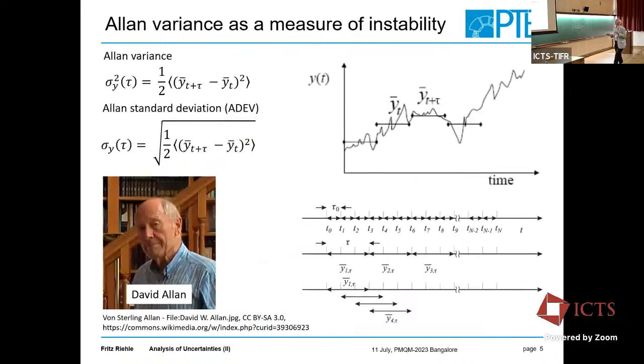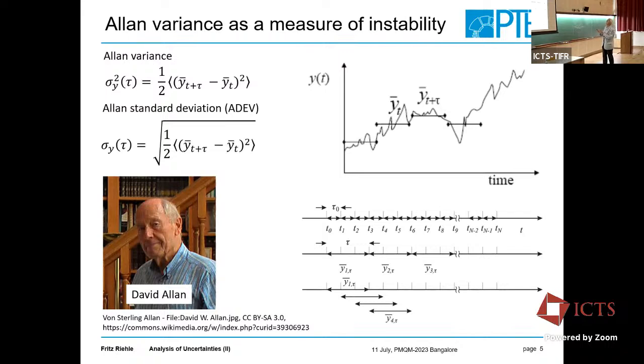Okay, I talked about the Allan variance as a measure of instability, just to recall it. You measure for a certain time, integrate the noisy signal for a certain time, then you do it for the next adjacent time interval.